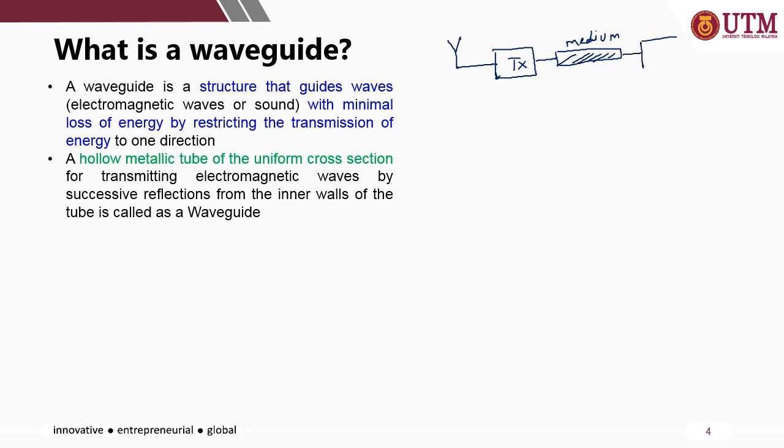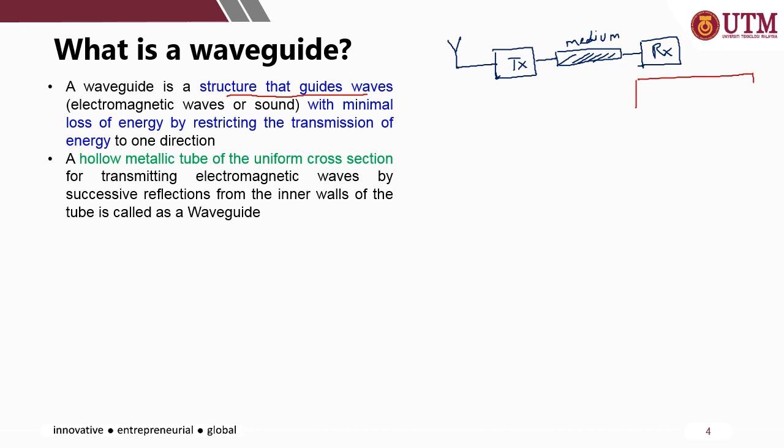Then the signal is received by the receiver and the end recipient. In the receiver there's also a microwave circuit involved, again such as coupler, filter, etc. So by definition, a waveguide is a structure that guides waves, such as electromagnetic waves or sound, with minimal loss. Since it is a guided structure, the signal will be traveling.